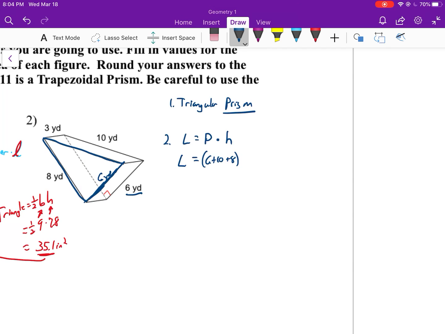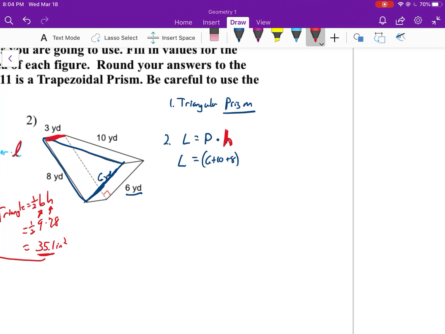This is where sometimes it gets tricky. The height of a right prism is always perpendicular to the base. And so this length here, let's make this red. We're going to try to find the height. If it was resting on its base, you notice here that this would be the height.